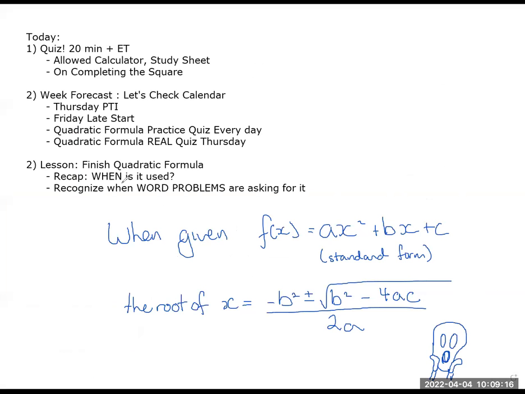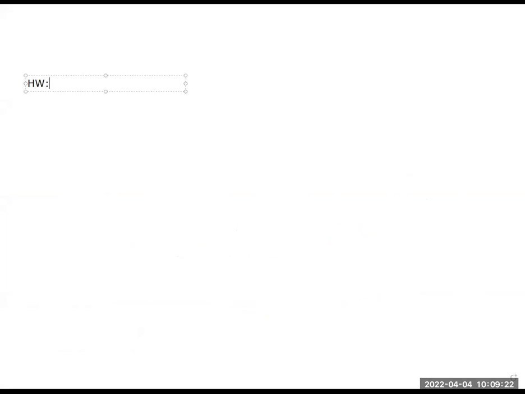So we talked about when we use it and we look at word problems. I'm going to clear this and write down your homework. Please practice word problems. Those are questions 7, 8, 9, and even 10, right? So that's numbers 7, 8, 9 to 10 in the handout, and number 2, practice quiz.